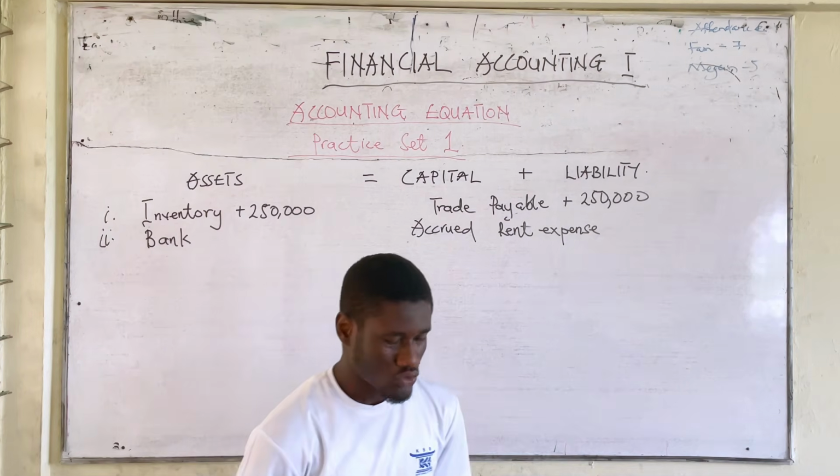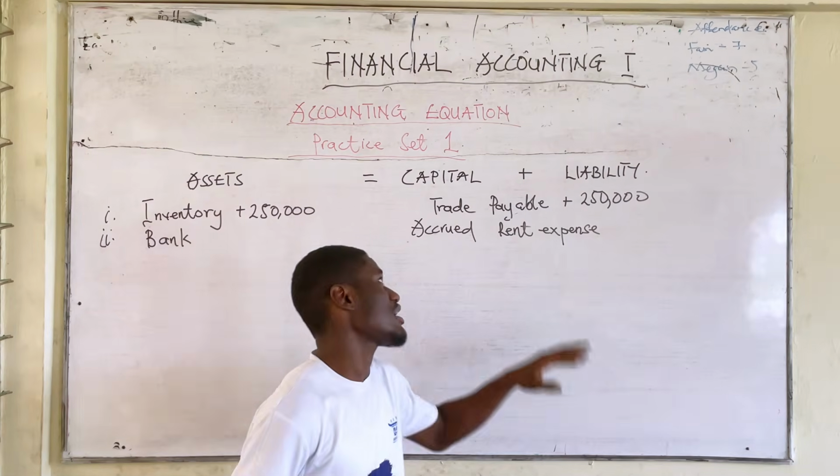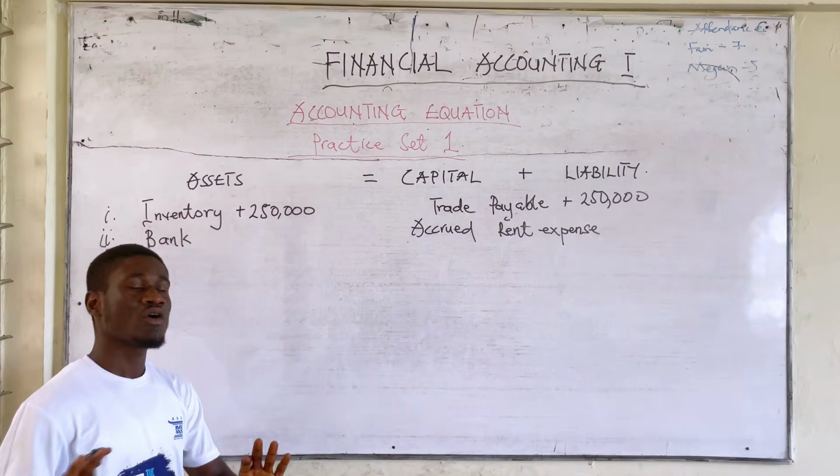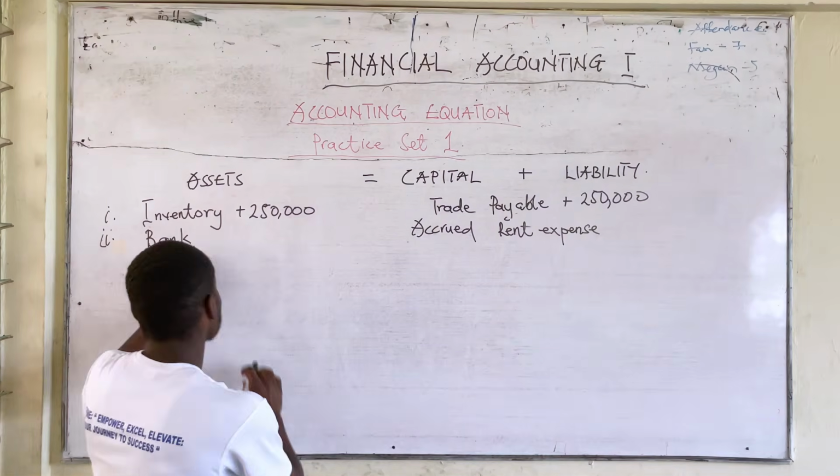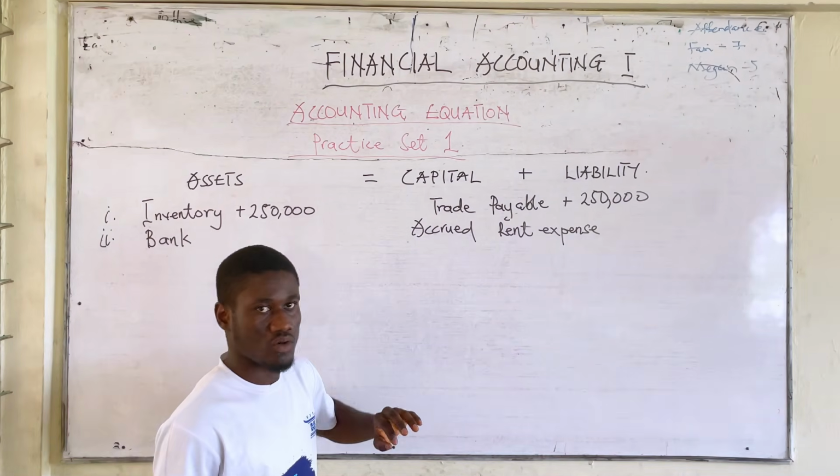Do you get it? Okay. So now we come to think of it: what has happened to these two accounts? We've been able to identify the accounts involved in that particular transaction. So what has happened to these two accounts?